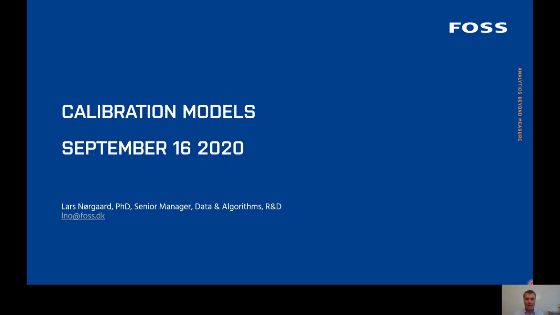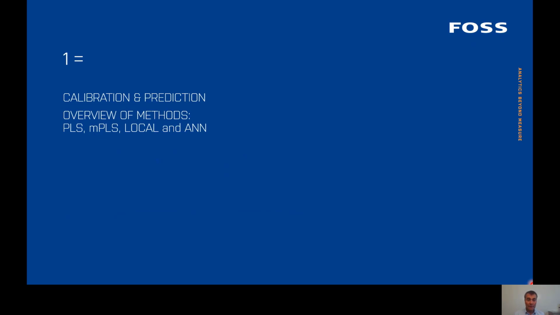My name is Lars Nørgaard, and I really look forward to telling you about the calibration models that we have implemented in our FossCalibrator, our analytical tool for development of applications in the food and agri area with the near-infrared solutions. I will take you through a short introduction on calibration and prediction, and an overview of 4 methods: partial least squares regression, a modified version of it, local, and a nonlinear method based on artificial neural networks.